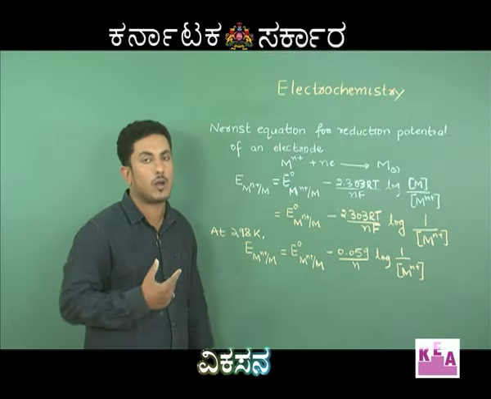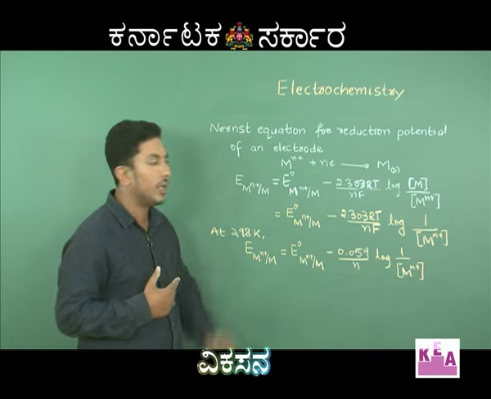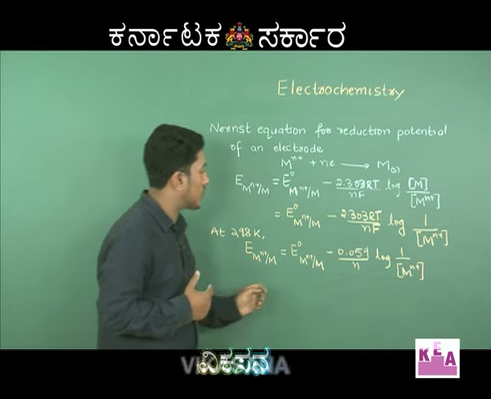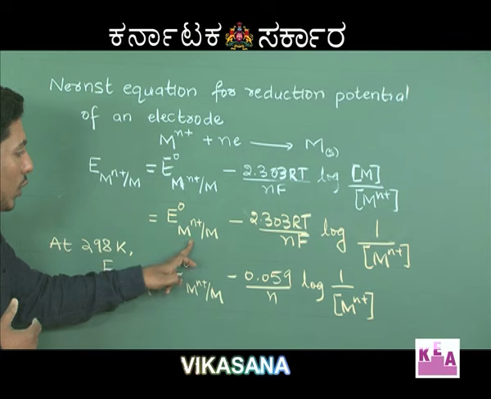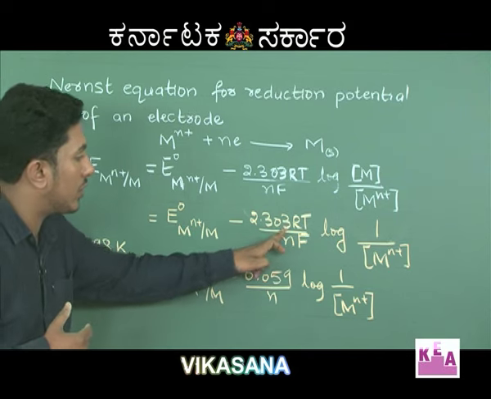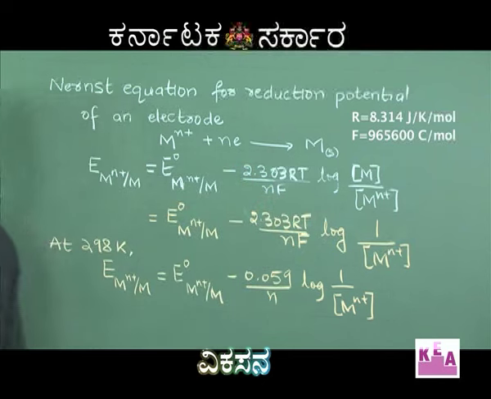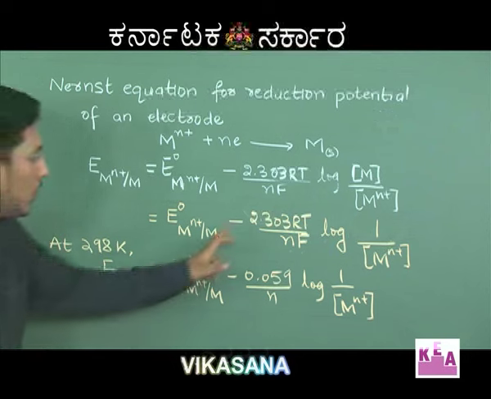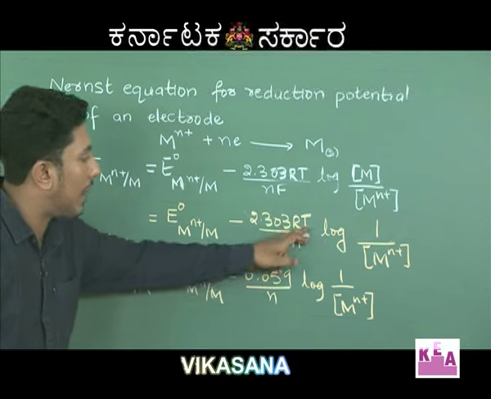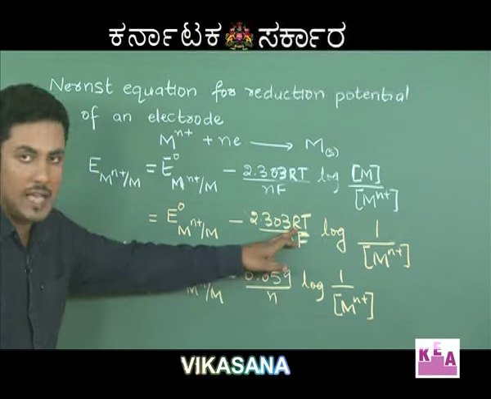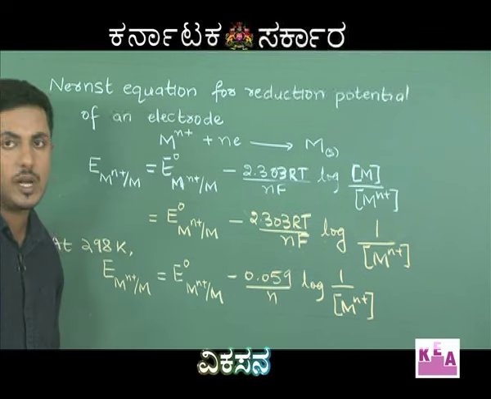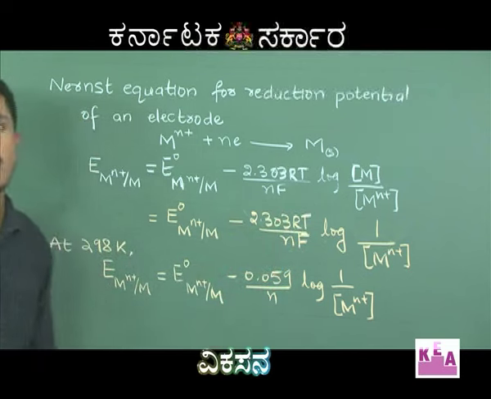For pure solids or liquids, the concentration is equal to unity. Hence the equation gets reduced to E = E° minus 2.303 RT divided by nF log of 1 divided by the concentration of ions. At a temperature of 298 Kelvin, consider 2.303 RT by F, where R is the gas constant, T is the temperature in Kelvin, and F is the Faraday, equal to 96,500 coulombs.